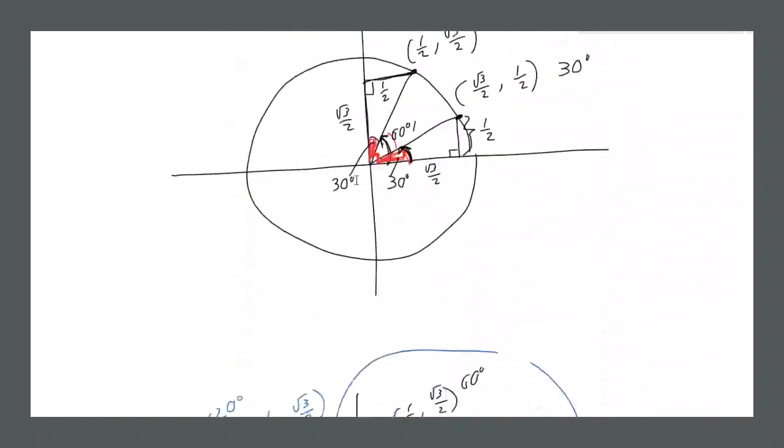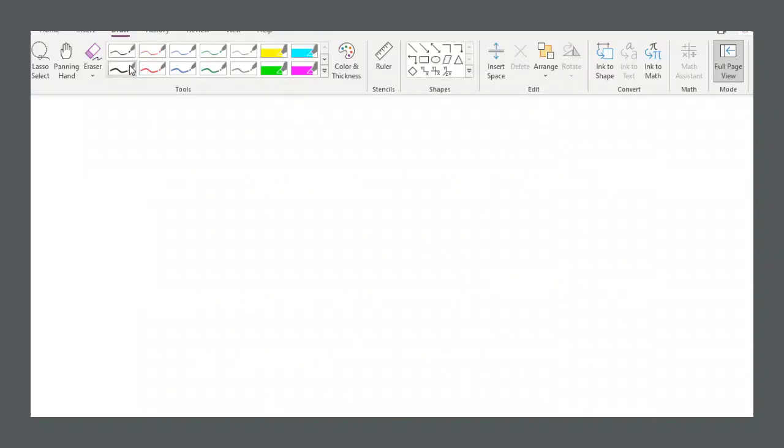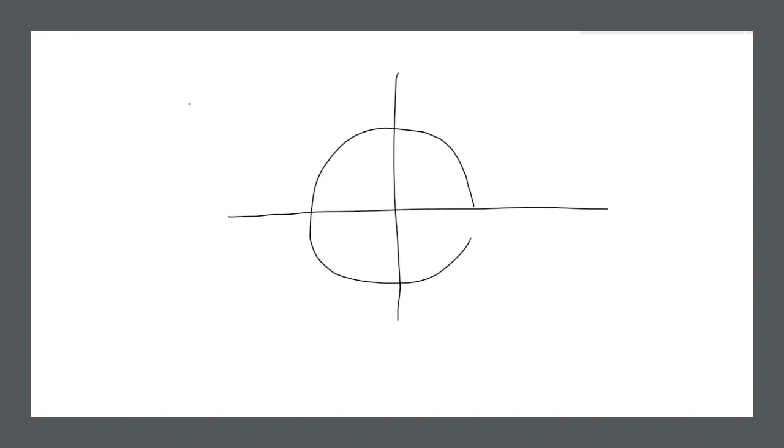So there really isn't a need to memorize the whole unit circle. Okay, you can derive it. All that we talked about can be derived just from understanding where the unit circle comes from, where those triangles come from.